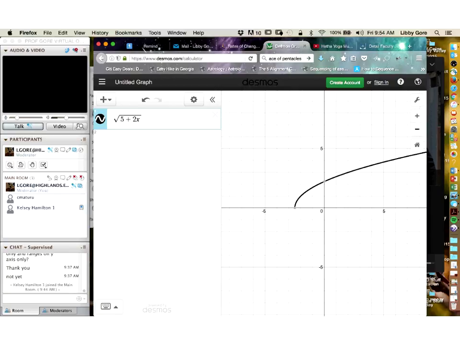Let me come out a little bit. We have -1, -2, -3. Look, it stops right at -2.5. And when you plug in the value -2.5, you get 0 out as your output value. So I can't plug in anything less than that in the domain because it doesn't exist there.